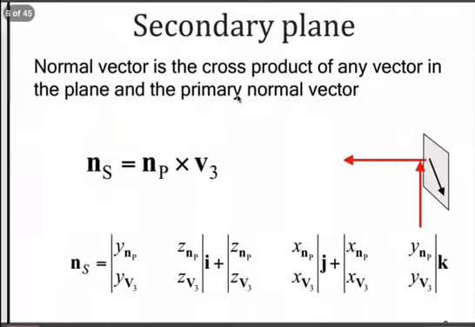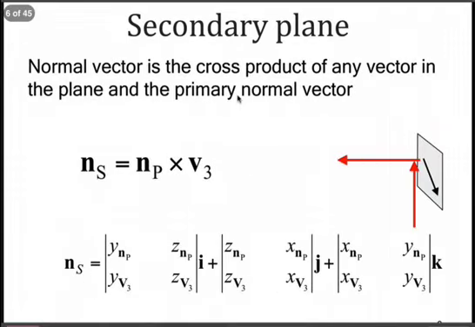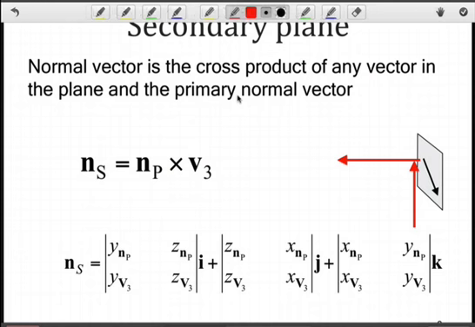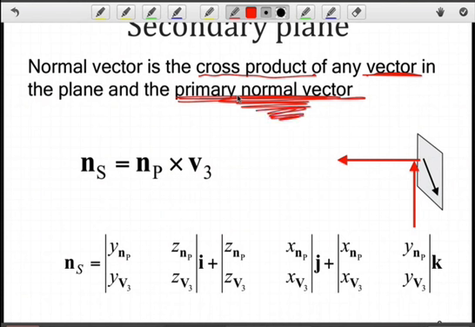But now when I go to the secondary plane, now I do have a constraint that has to be taken into account based upon order. So what we'll do is we'll take the cross product of any vector in that plane and the primary normal vector. So here you can see this constraint of the primary datum on the secondary datum.